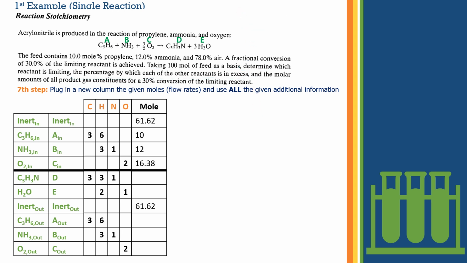Since we determine the limiting reactant and we have the conversion, we can now calculate the unreacted moles of that reactant, which is A. So the remaining moles of A is 1 minus the conversion, because 30% of the input moles of A has been reacted.